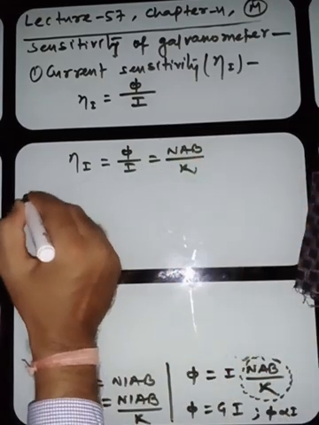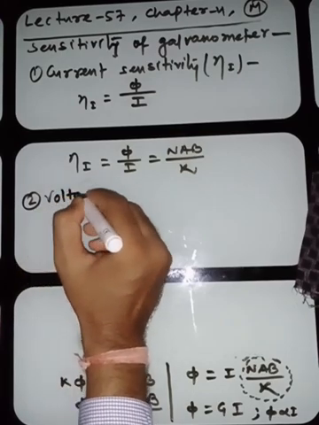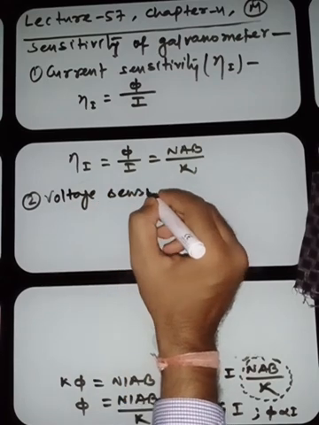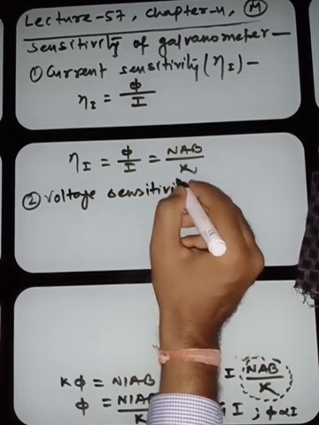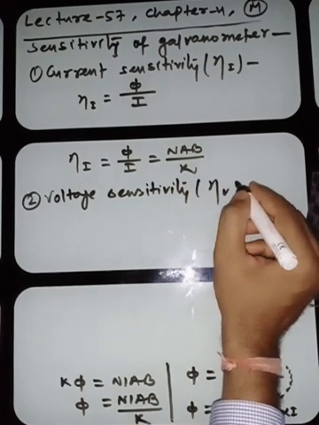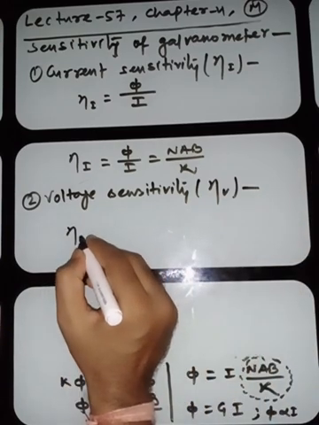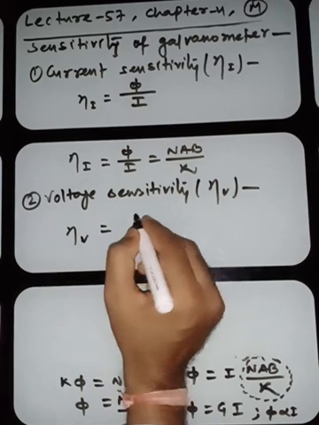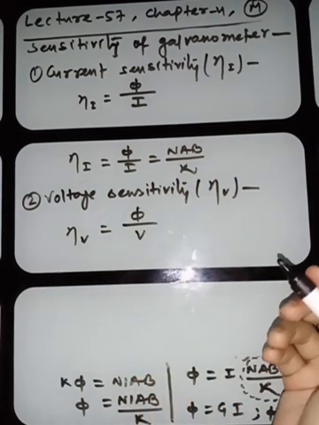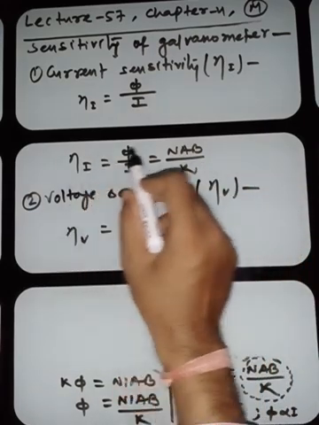All right, now the second, voltage sensitivity. My dear student, the voltage sensitivity we represent by eta V, and it is mathematically the deflection per unit volt. Now you can see in this formula how you will get voltage.